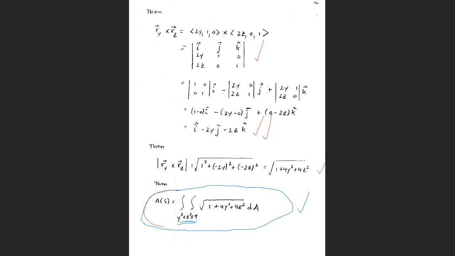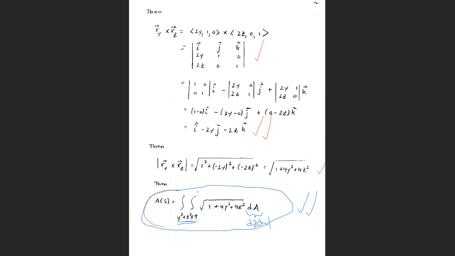Now we are at the point where we need to find this double integral. So if I were to say dz dy, of course I'd have to come up with limits, my upper and lower limit functions, and then the y values, the numbers.